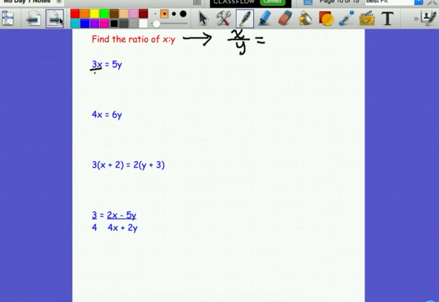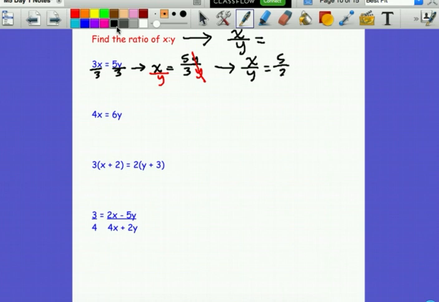So I'm going to divide by 3 first, and that's going to give me x equals 5y over 3. Now at this point, I need to move that y to the denominator of the left side. So I'm going to divide by y so that that cancels out, and divide by y here so that I have x over y equals 5 over 3. So my ratio of x to y is 5 to 3.